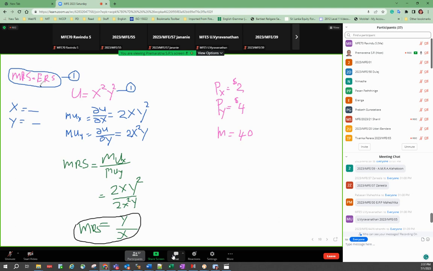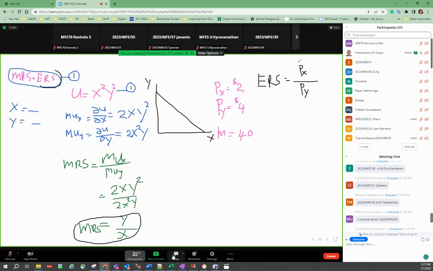The other thing you have to find is the ERS, that is the slope of the budget line. So if you get the budget line here, the slope of the budget line becomes ERS, PX divided by PY.